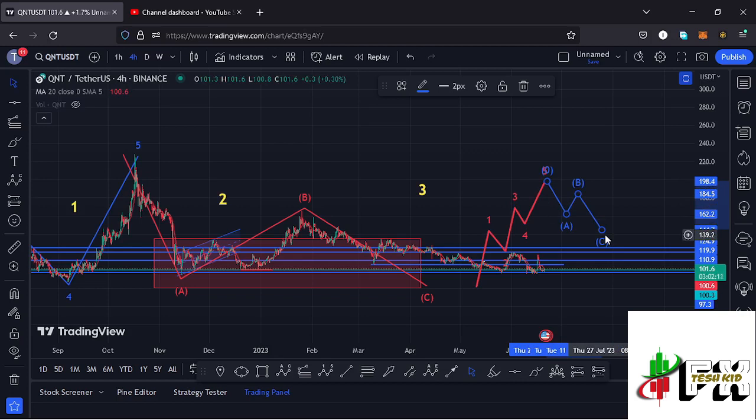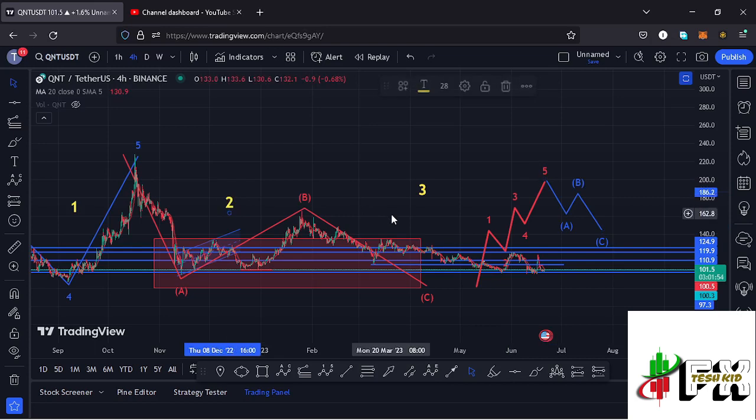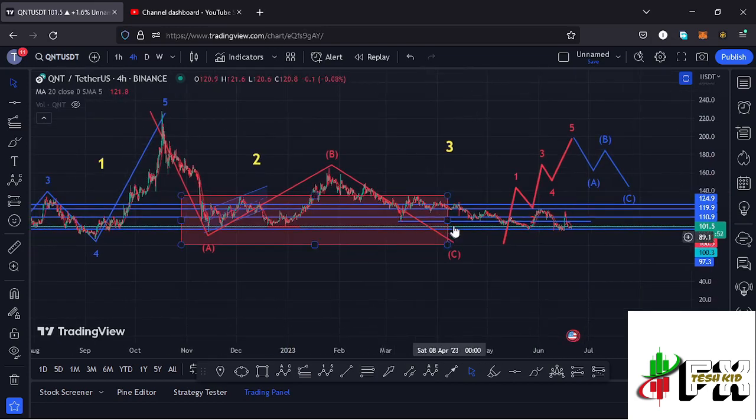As long as Quant is holding below significant areas of resistance, and if by any chance we continue seeing further breakdown, we still have the risk of getting one more new low in the formation of this higher Elliott wave count 2 within this red target area.